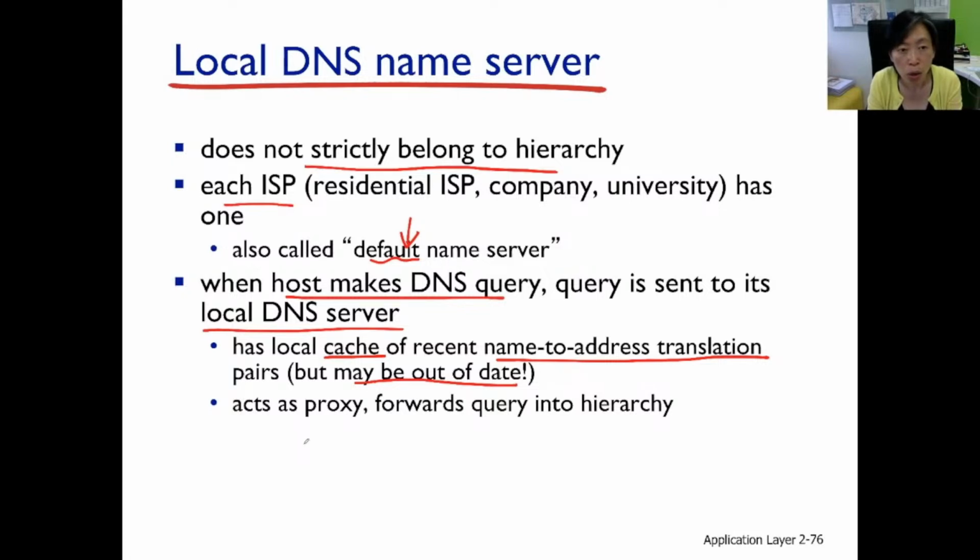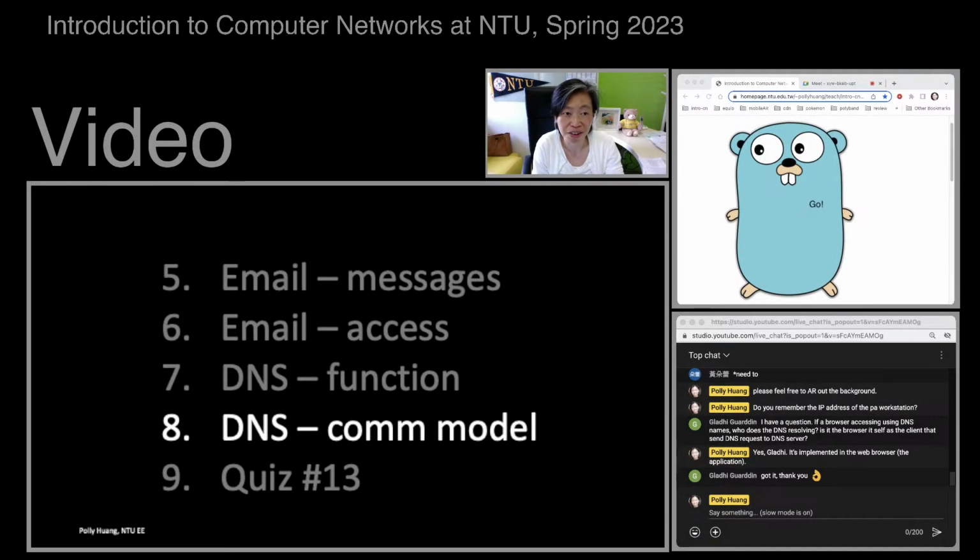So these local DNS servers, if you think about it, work more like a proxy server. It's not exactly client, it's not exactly server. It's something in the middle, helping relay the queries and the answers, helping forward queries into the hierarchy if there's no hit at the cache. So the local DNS server might remind you of what? In HTTP, we have the proxy server.